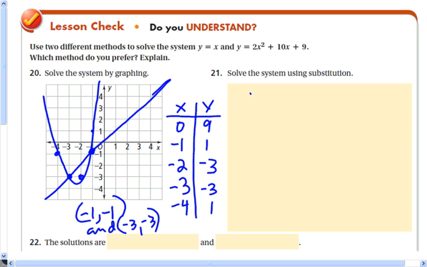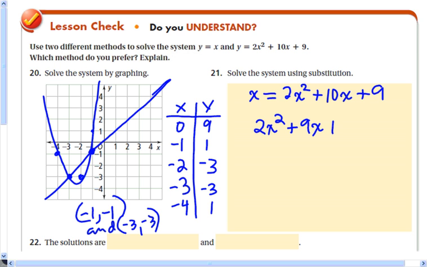Since y is equal to x, we can just substitute x for y, and we get this. And then we can put this in standard form. Then we can go ahead and try and factor that. So we need two numbers that have a product of 18 and a sum of 9.